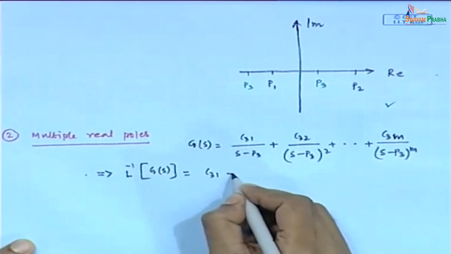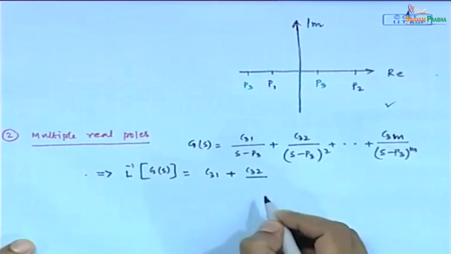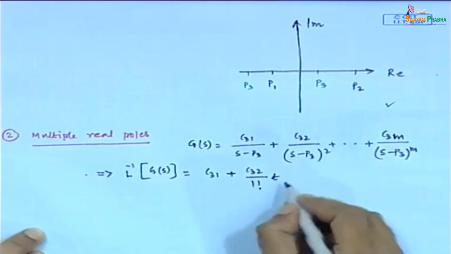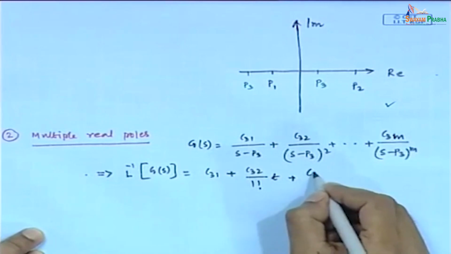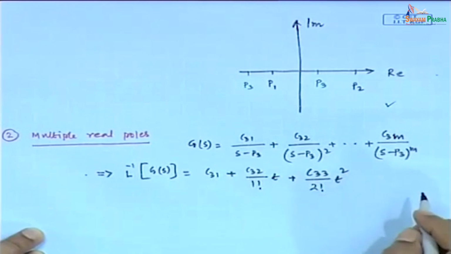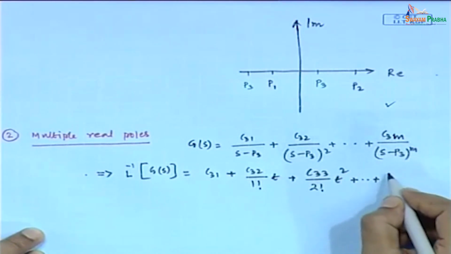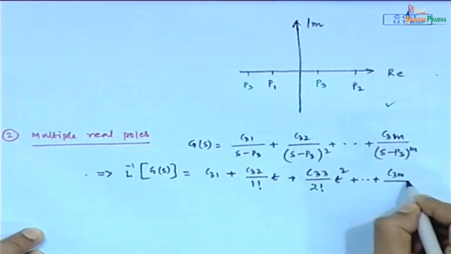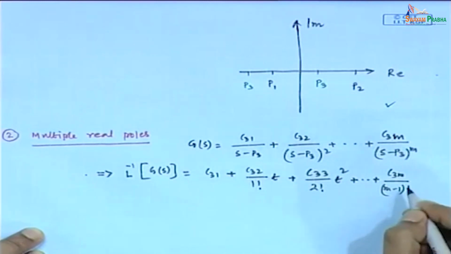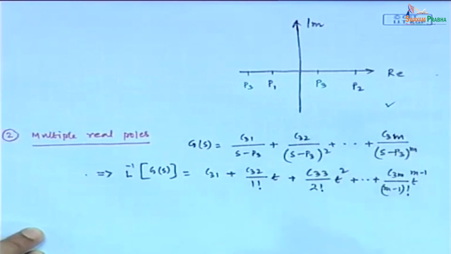C31 plus C32 divided by factorial 1 multiplied by t plus C33 divided by factorial 2 multiplied by t square, like this way, up to C3m divided by factorial (m minus 1) multiplied by t to the power (m minus 1).